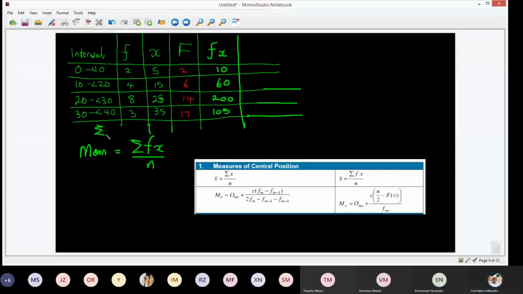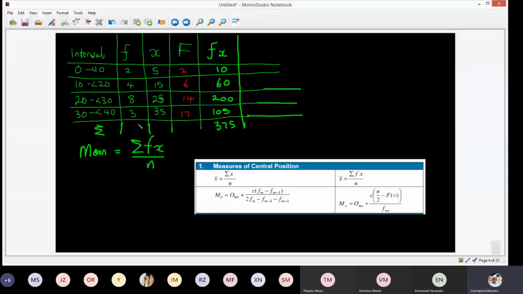You find your total, which is 10 plus 60 plus 200 plus 105. You get 375. That's your summation.